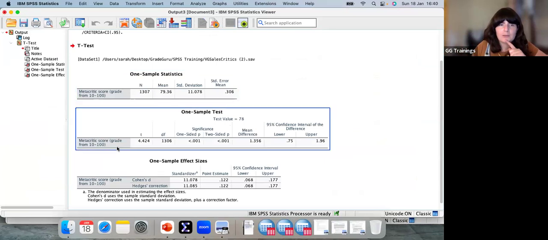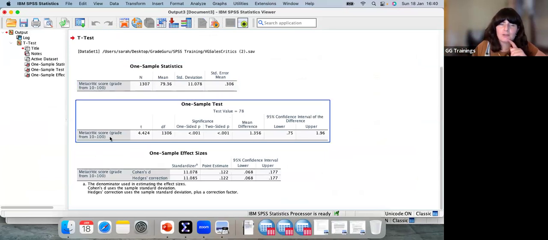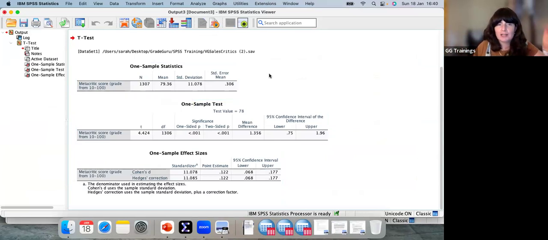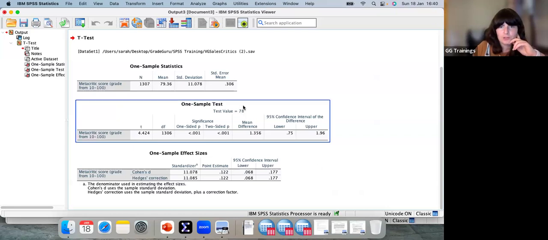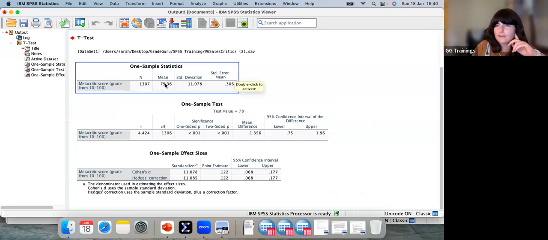Okay, so basically what I'm looking at here is the critic score given to video games, right? And the old population average was 78. And I just want to see if it's not 78 anymore, pretty much. You can see test value 78 over there, right? And my current average is 79.36.